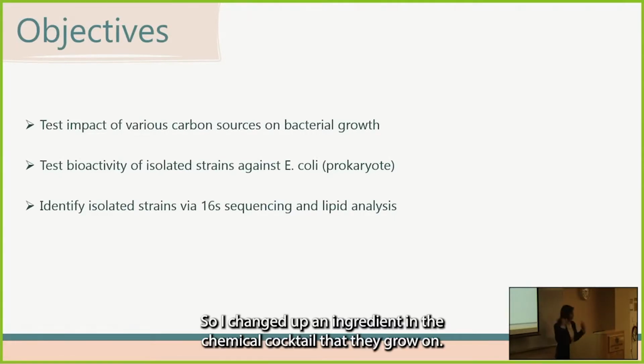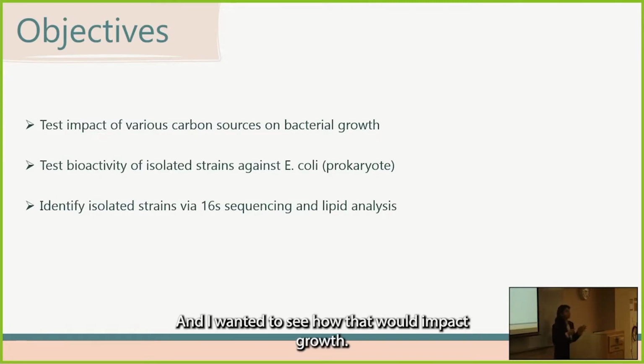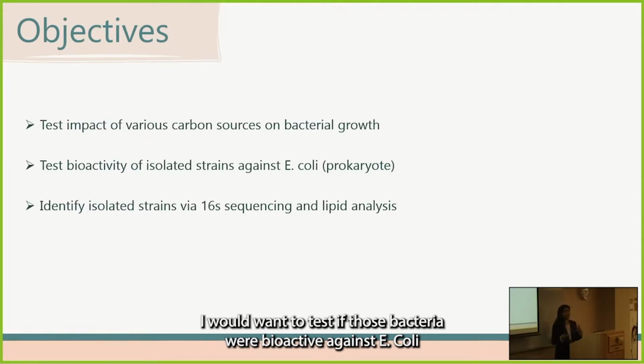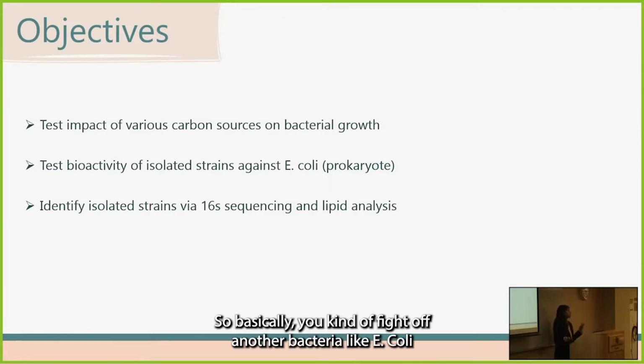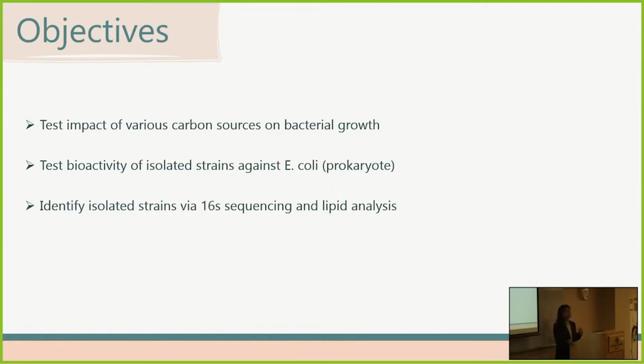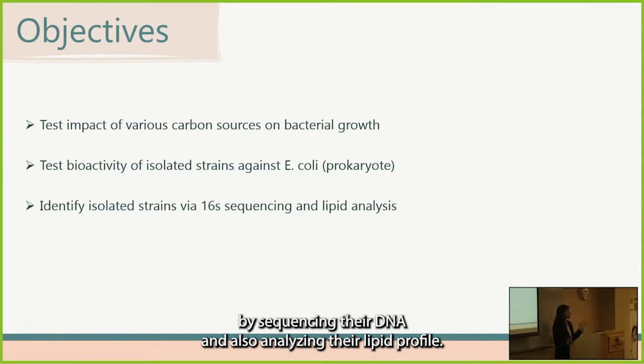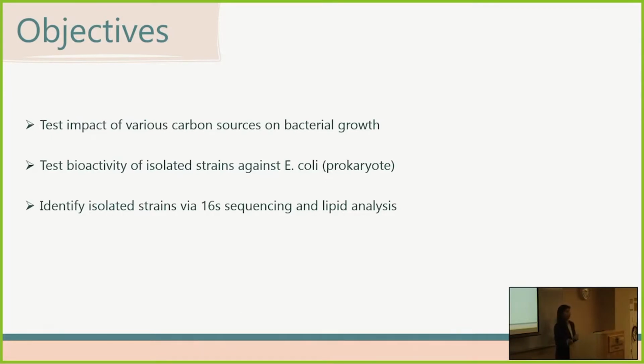I changed up an ingredient in the chemical cocktail that they grow on, and I wanted to see how that would impact growth and if it would increase the diversity of growth. From there, I would want to test if those bacteria were bioactive against E. coli. So basically, can it fight off another bacteria like E. coli? And then we would want to identify those bacteria by sequencing their DNA and also analyzing their lipid profile.